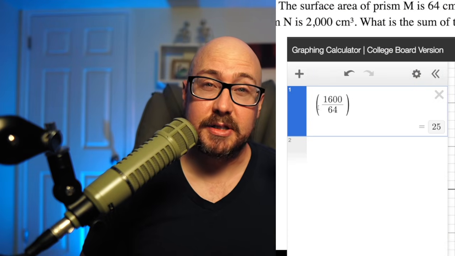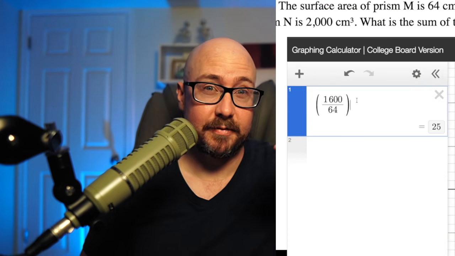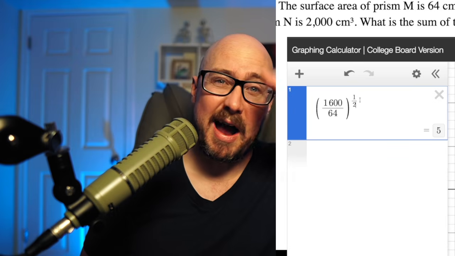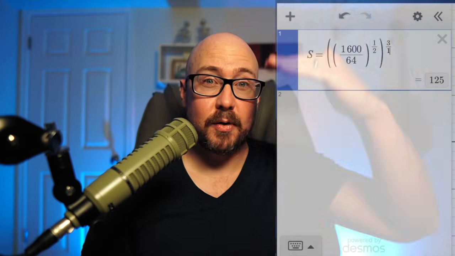If we're going to square root our second dimension, that's the same thing as raising our scale factor to the 1/2, because remember, the 1/2 is the same thing as the square root. And then after we do that, if we're going to then cube it to get to the third dimension, we're going to essentially be raising it to the 3/1.